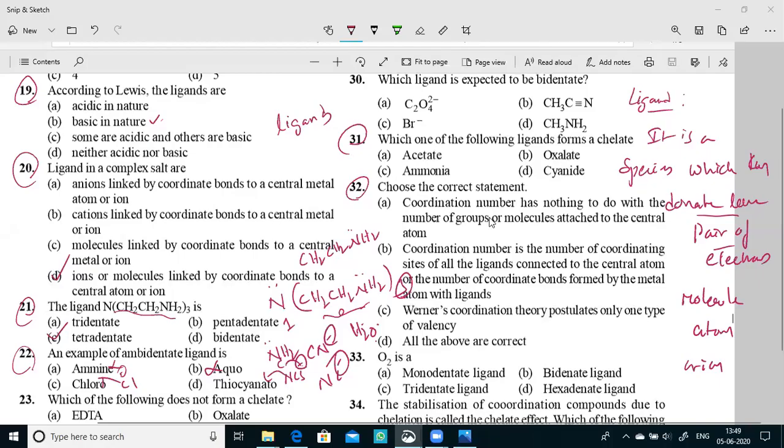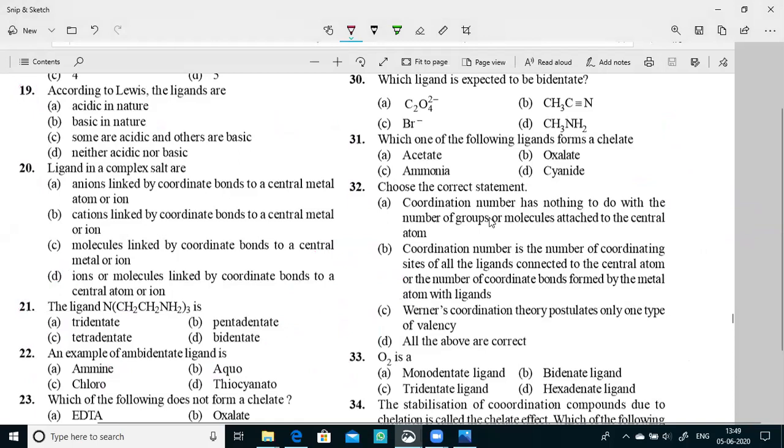Next, the 30th one. Which ligand is expected to be bidentate? This one is monodentate, since it has only one lone pair of electrons. This is also monodentate because it also has only one lone pair of electrons.